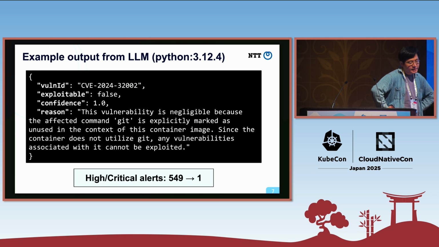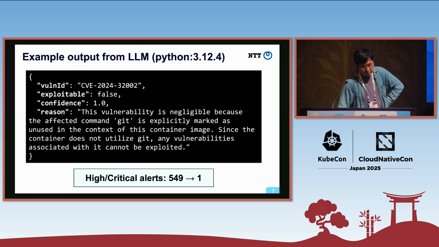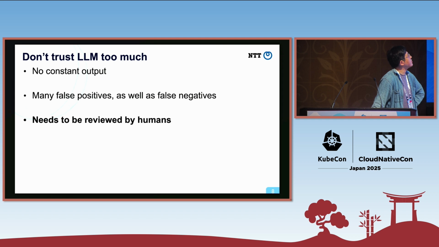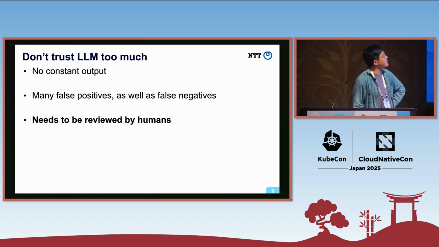Since the container does not utilize git, any vulnerabilities associated with it cannot be exploited. But LLM output is not perfect, and has many false positives as well as false negatives. So you still have to review the LLM's output.